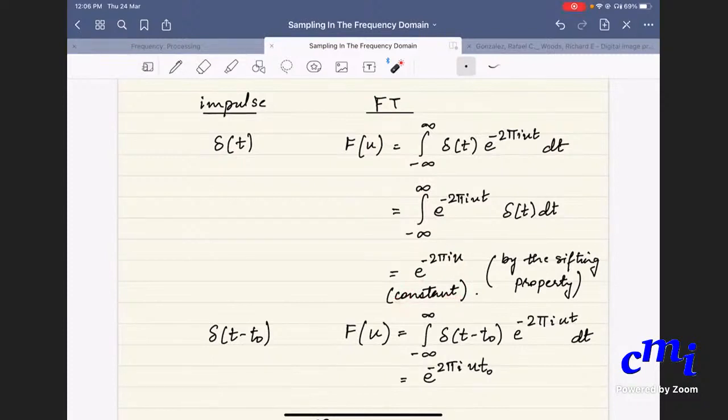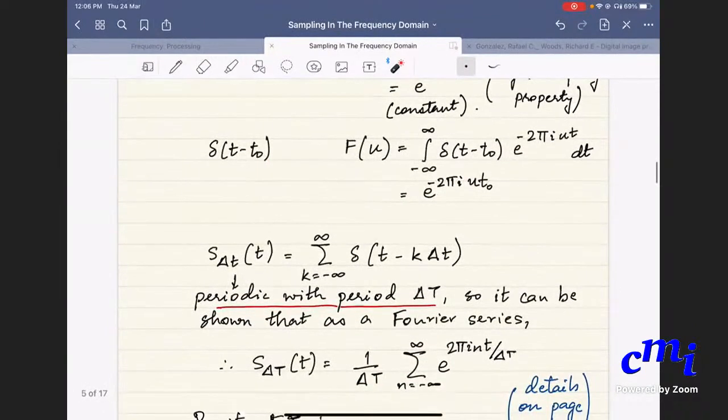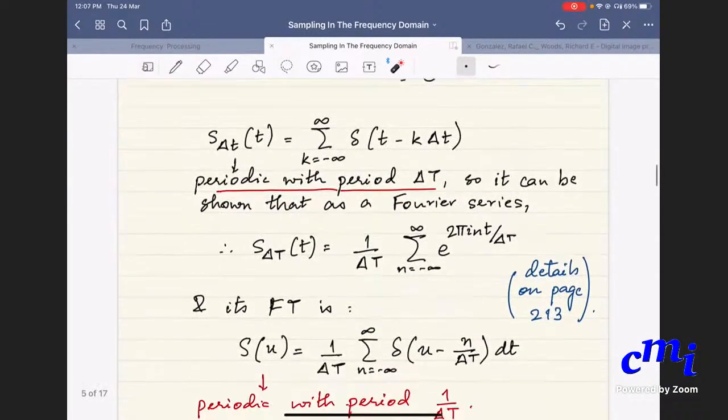So the Fourier transform of an impulse is a constant. And similarly, the Fourier transform of an impulse located at t naught will come out to be this constant. Okay. And the Fourier transform of an impulse train now: instead of just one impulse, you have an impulse train, which means you have a sum of these terms.